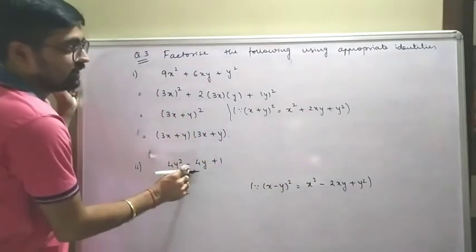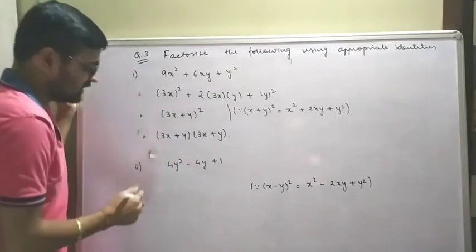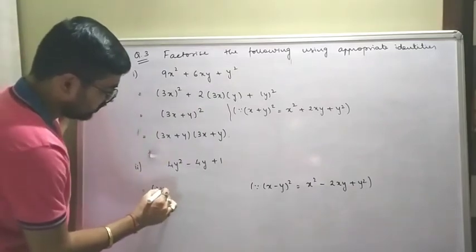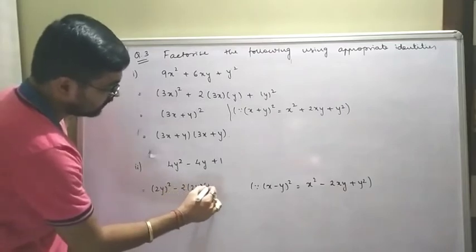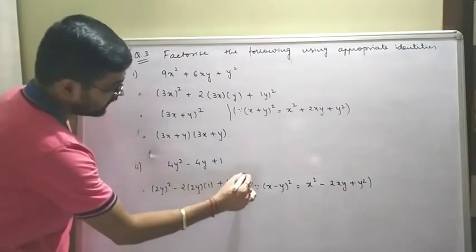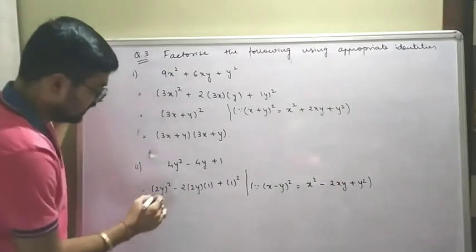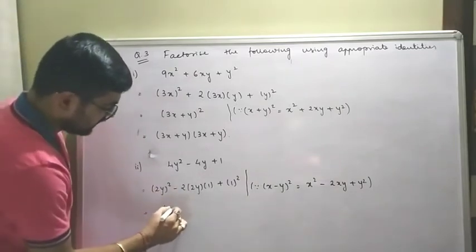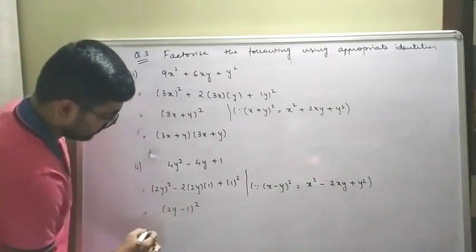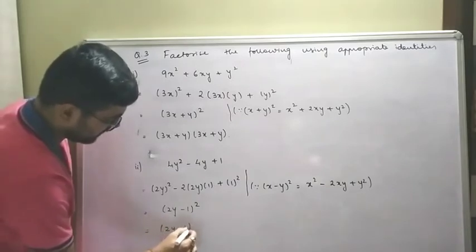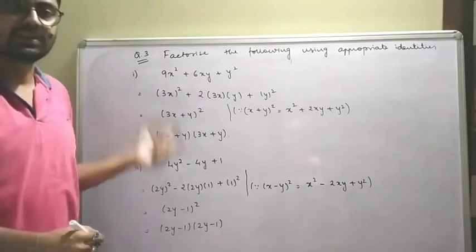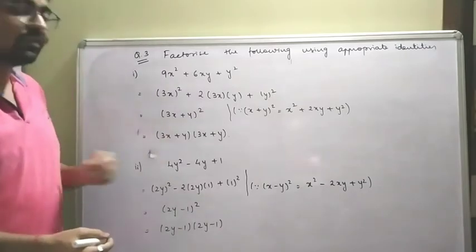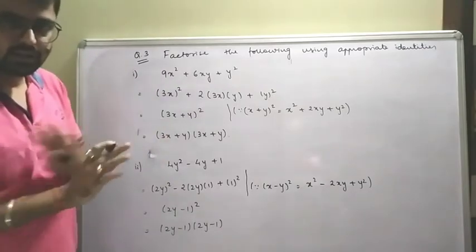Because I saw the negative term in the second term. So how I can write 2y whole square minus 2 times 2y into 1 plus 1 whole square. Simple. Now this can be written as 2y minus 1 whole square, and which will become 2y minus 1 into 2y minus 1. That is how we can do this kind of a factorization. Am I clear? Very simple.